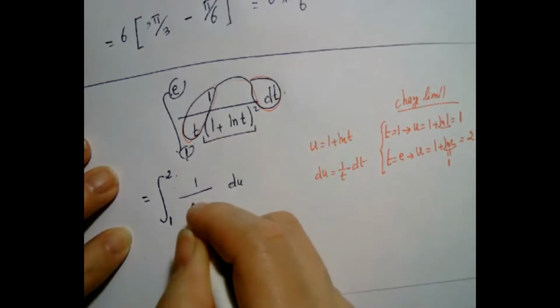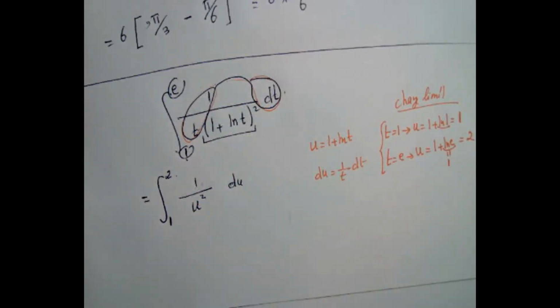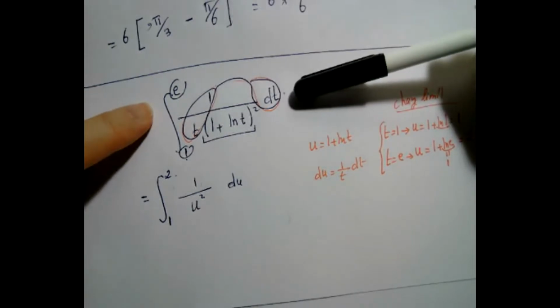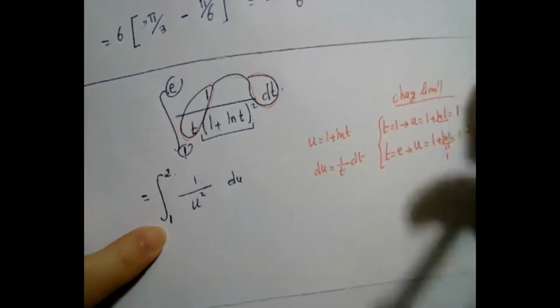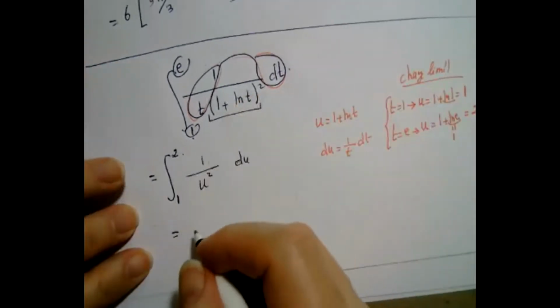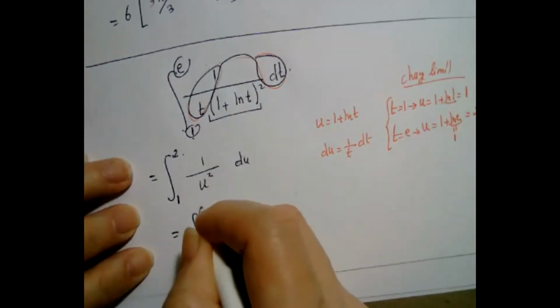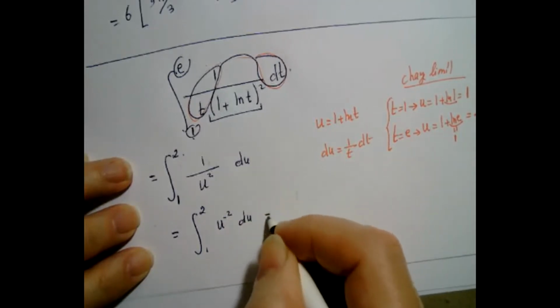The 1 plus ln t is going to become u squared. So this definite integral in t is equal to this definite integral in u. I changed my limits, I'm safe. So now I forget about t and evaluate that. That's the integral from 1 to 2 of u to the minus 2 du.